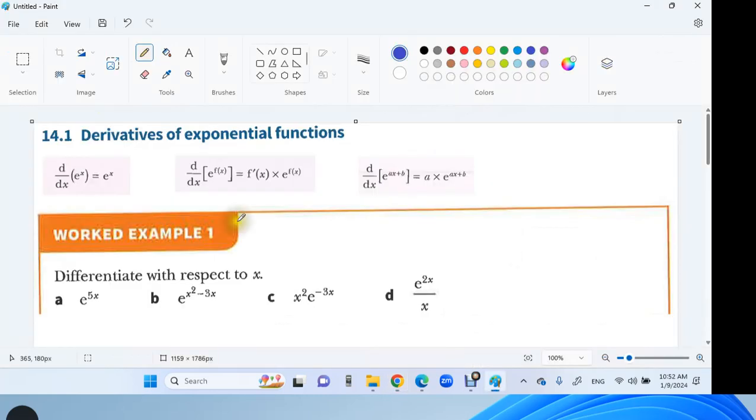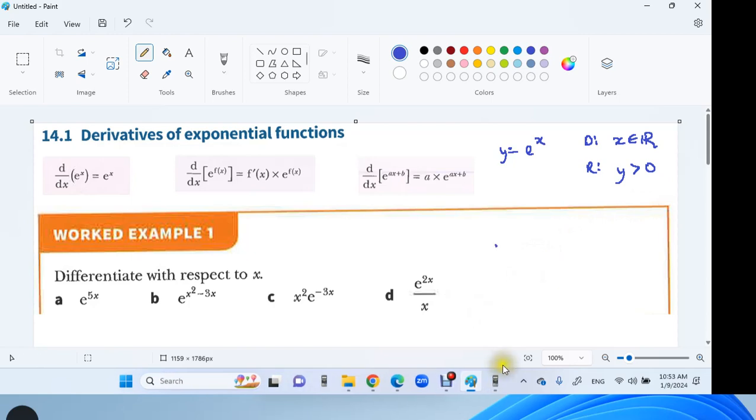So if we have the exponential e to the power x, then the domain can be any value, but the range is y greater than zero, never equal to zero. Exponent is never zero.